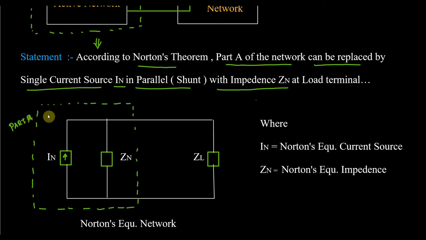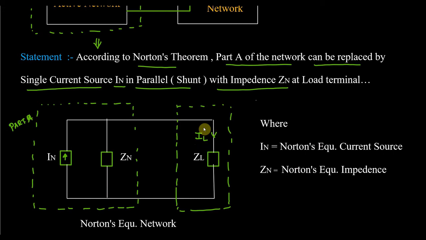And part B is as it is. Part B only consists of the load impedance ZL, and the current flowing through that load impedance is IL.